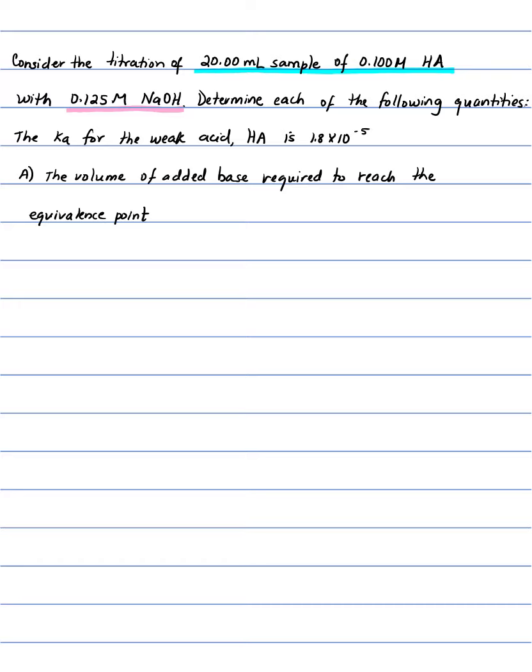So you have a titration: your sample, the analyte, is 20 milliliters of your weak acid HA with a concentration of 0.1. The titrant is sodium hydroxide with a concentration equal to 0.125 molar. You're also given the value of your equilibrium constant for the weak acid HA.